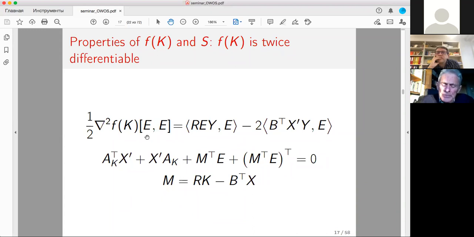So we just calculate the directional second derivative, and it's given by these formulas. And again, what should be done to calculate this second derivative? It is just to solve some additional Lyapunov equation.